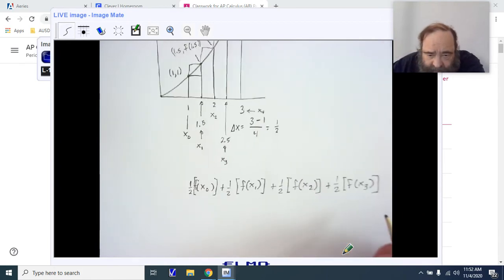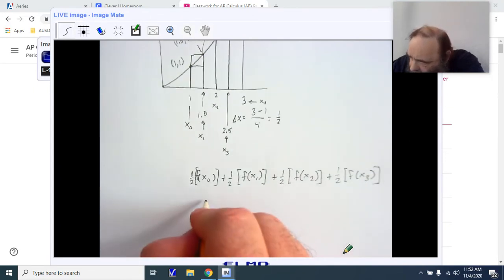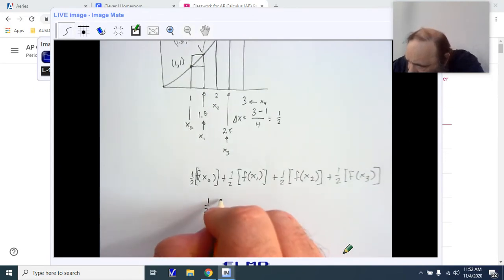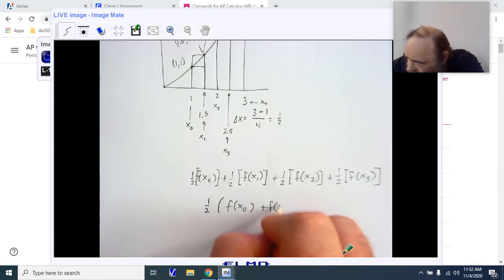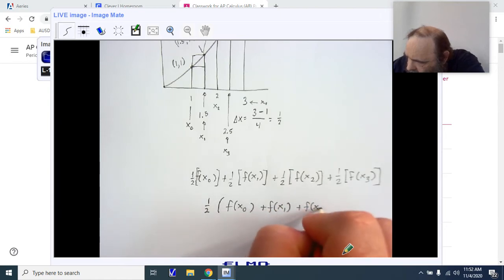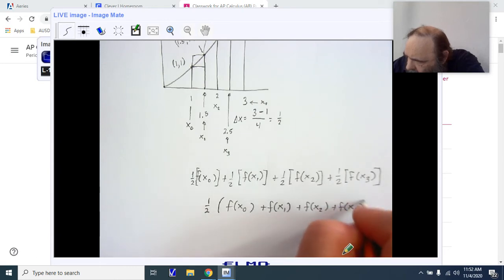Now, if I'm working with summations, I want to factor out the 1/2 and look at it. I have f of x sub 0, f of x sub 1, f of x sub 2, and f of x sub 3.